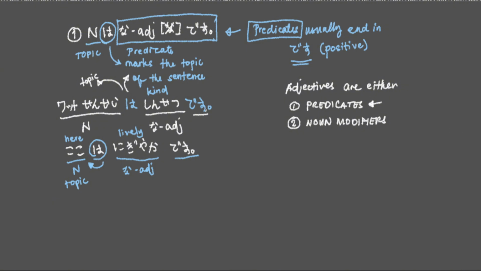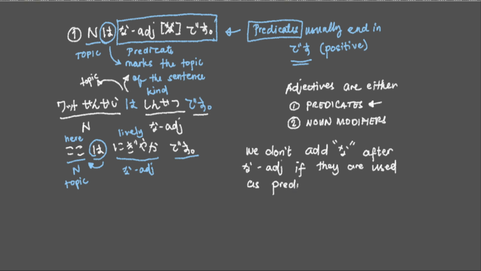Okay, let me just write it here to hammer it in. We don't add na after na adjectives if they are used as predicates, or are followed by desu.